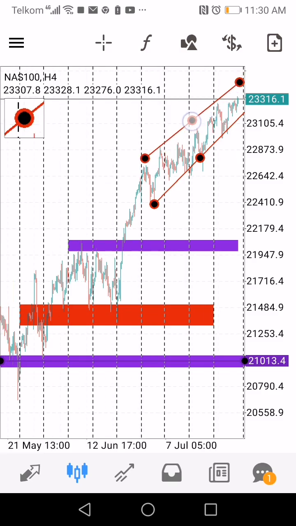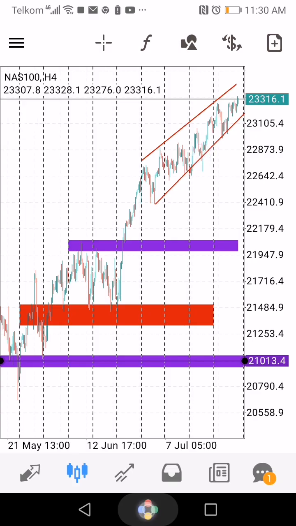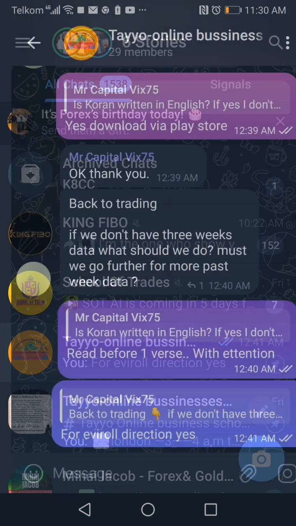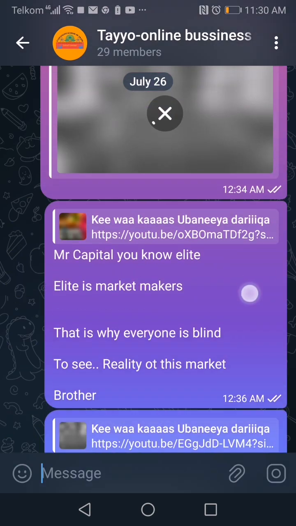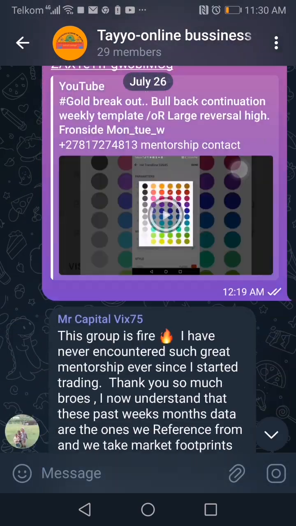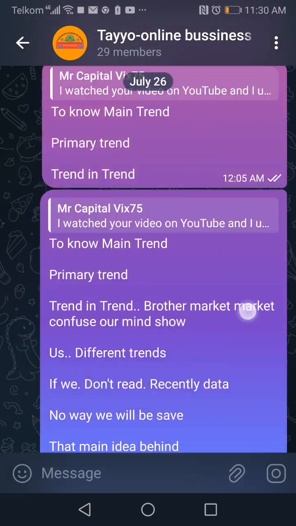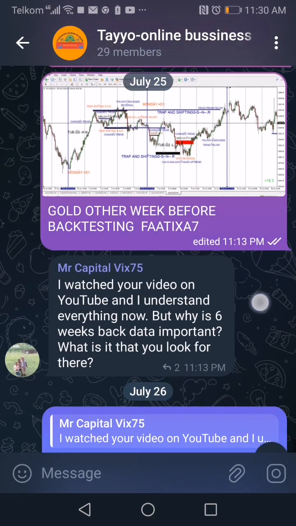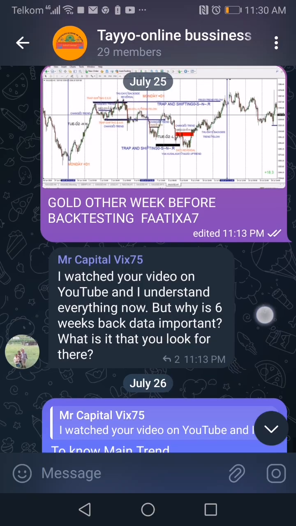All right, that's why I say always read 3 weeks, 4 weeks of data. The data can tell you. My friend was asking me last night what was going on here. My friend was asking me, why do we go to the 3 month time frame and say blah blah blah? I say, yeah. He was asking me, why do you need 6 month, 3 month time frame?